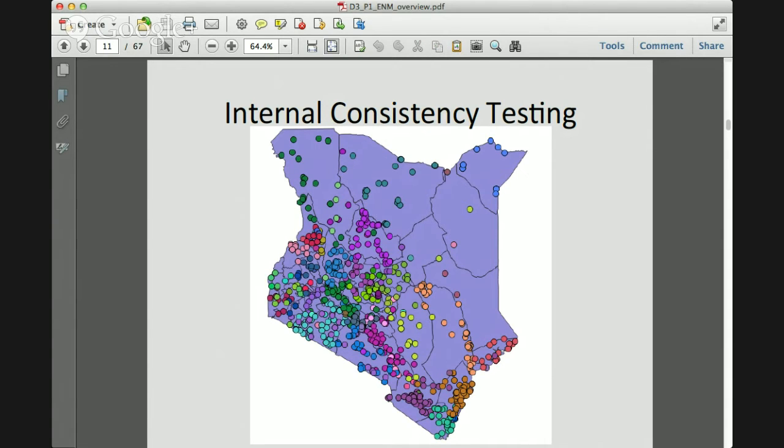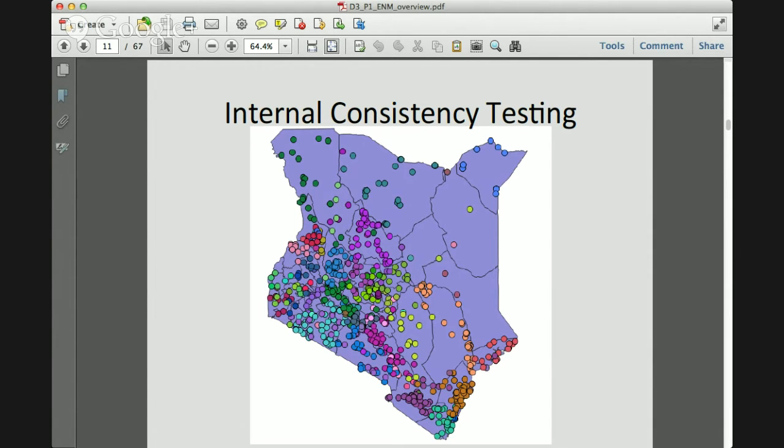Here's an example from Kenya with a data set on some plants. What I've done here is to take the state or district that is listed as the source of each record, and I've taken the latitude and longitude and plotted it on a map of the country. So look at this northeasternmost district, and right away you see that all of the points in that district have the same district name.